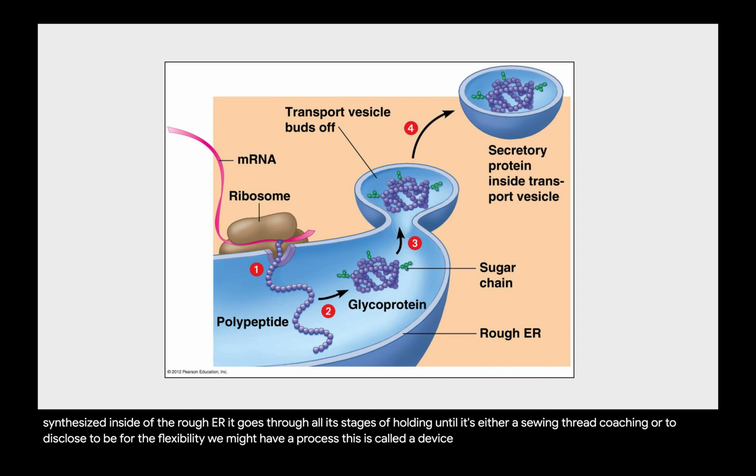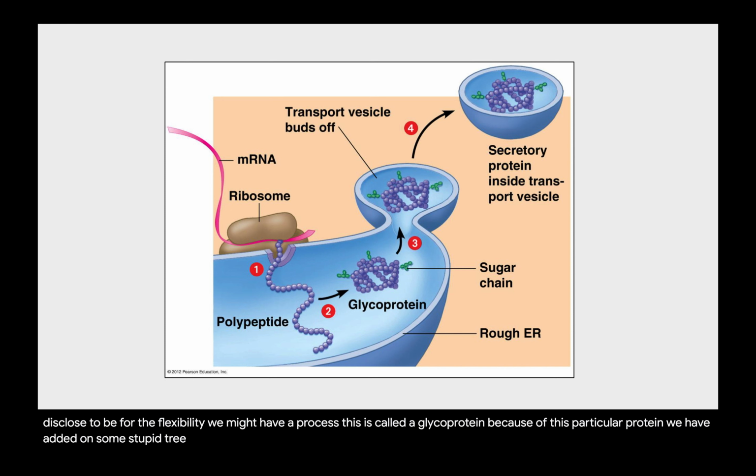This is called a glycoprotein, because in this particular protein we have added some sugar chains to our amino acids. We're not going to go over that process, but that's why it's called a glycoprotein up here.